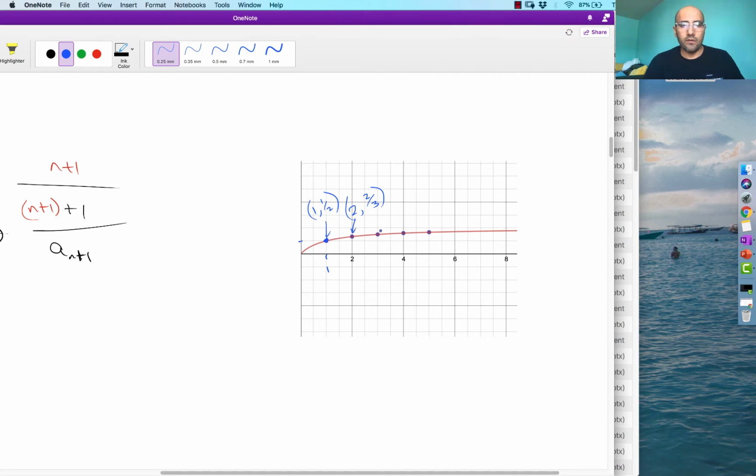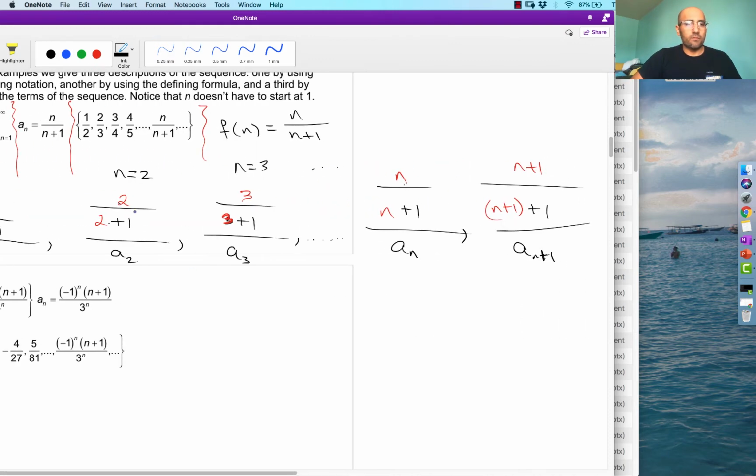That's that one. And then that one right there becomes 3 comma 3/4. And then the last one I'll put, this is 4 comma 4/5. And so on and so forth. Good. And that's what these are.